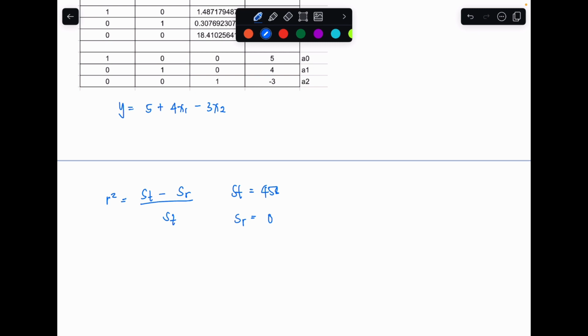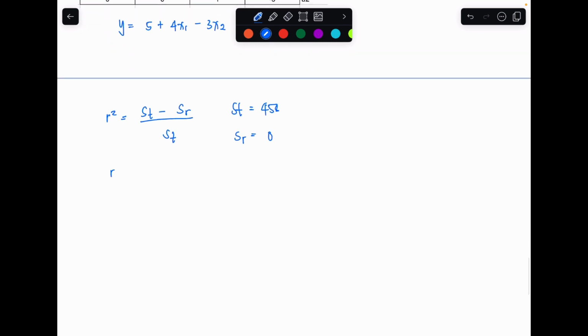So therefore, we have a coefficient of determination, which is 458 minus 0 all over 458, which is equal to 1. And our R, the correlation coefficient, is equal to 1.